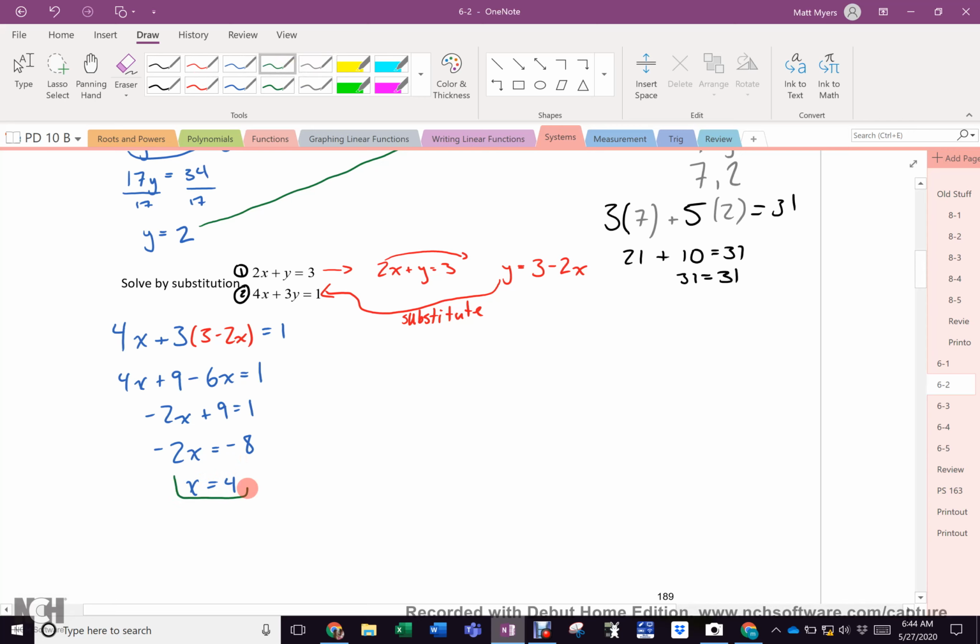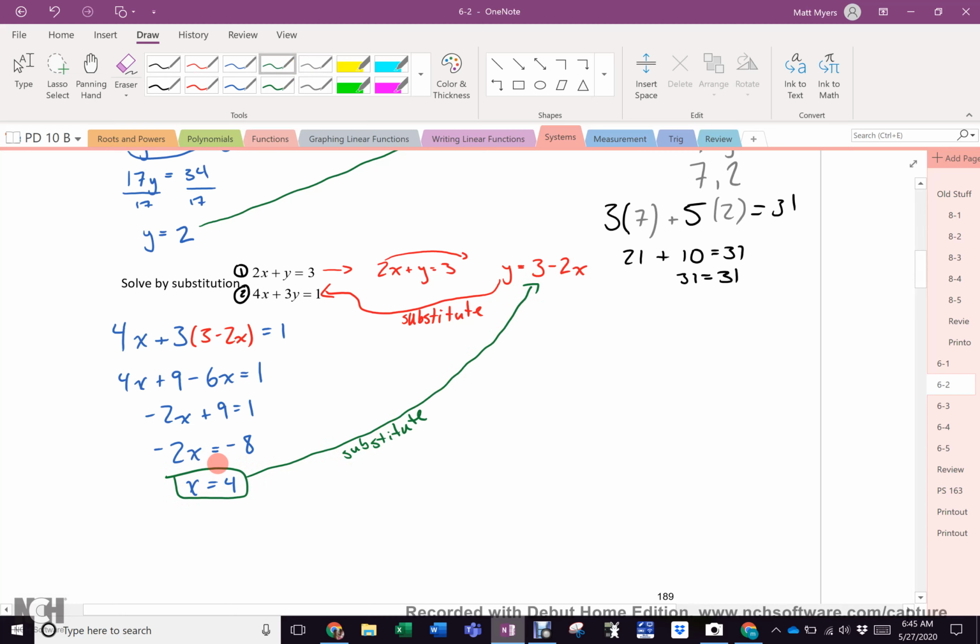Now that is going to go up here, and I'm going to substitute again. Substitute my x for that, which is the song by The Who.